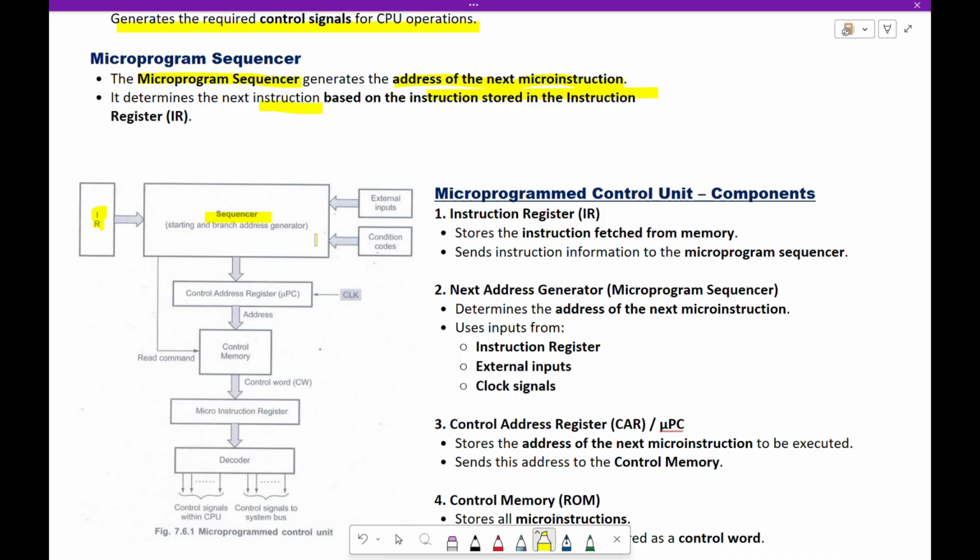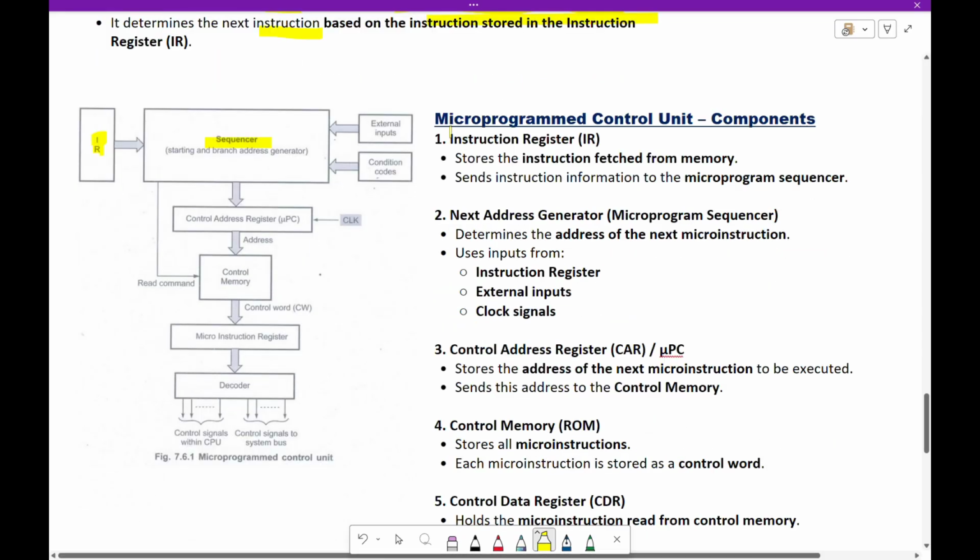So the instruction register, here it is, stores the instruction fetched from the memory and sends the instruction information to the microsequencer. And the next address generator.